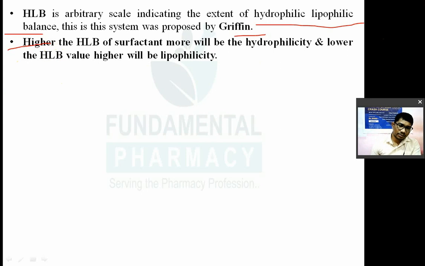HLB value is an arbitrary scale on which molecules are rated, on which molecules are given a number depending upon their chemical nature, whether it has a higher lipophilic nature or hydrophilic nature. HLB स्केल नॉर्मली 1 से लेके 20 नंबर तक होता है, बट वो उससे ज़्यादा भी हो सकता है.